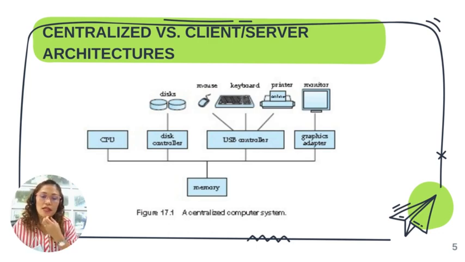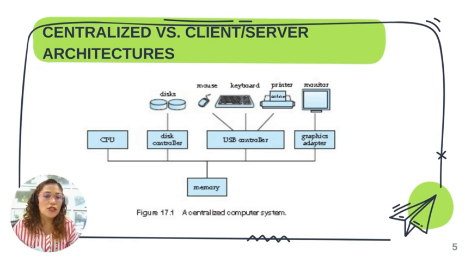So as you can see, you have a network in which you are connected, the disk and the CPU are connected here, and then the memory is shared by all the workstations.